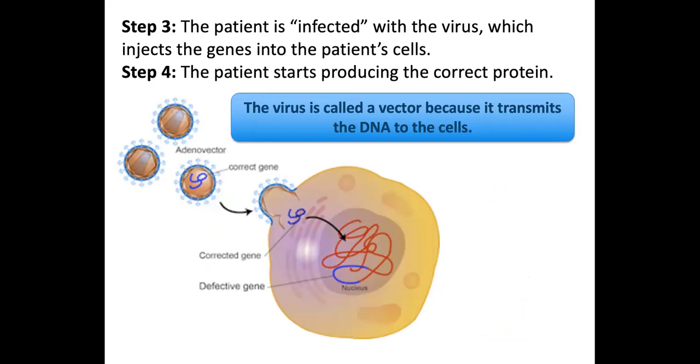And then lastly, the patient starts producing the correct protein. Another term we should be familiar with is vector. That virus that we inserted is known as a vector because it is what transmits the DNA to the cells.